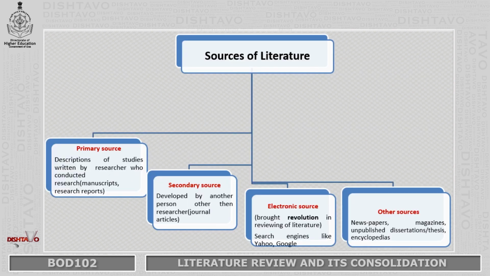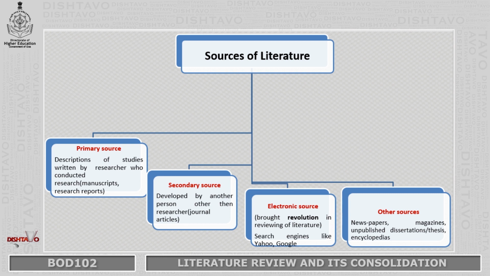Let us now see what are the different sources of literature. When you are doing your research, how can you collect your literature or how can you survey your literature? The first source is the primary source. Now, what do we mean by primary source?